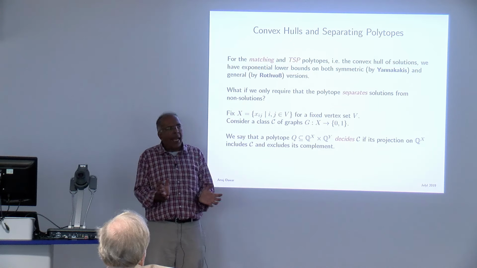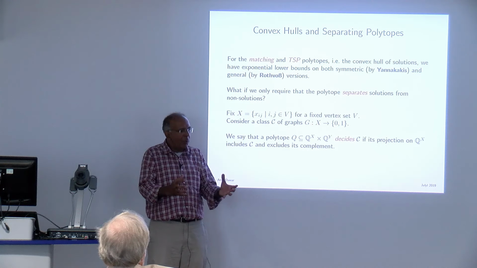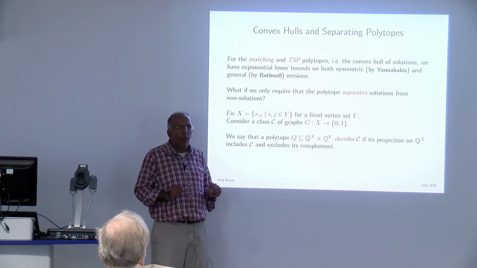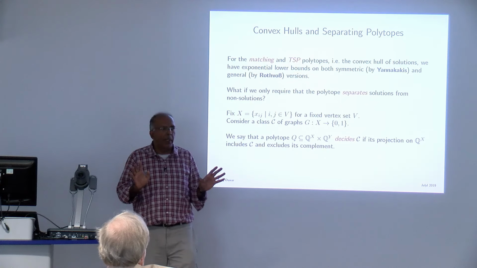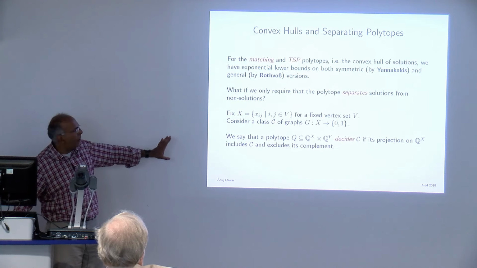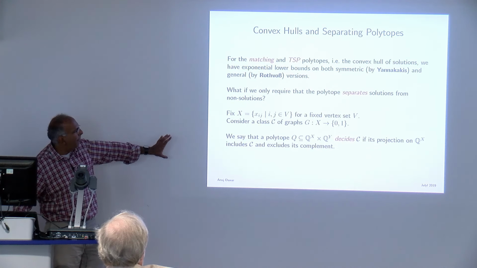So it doesn't have to be exactly the convex hull of the solutions, but it has to include all solutions and exclude all others. Its vertices may be non-integer points, for example. Okay, so this is a relaxed notion of what it means to decide it.